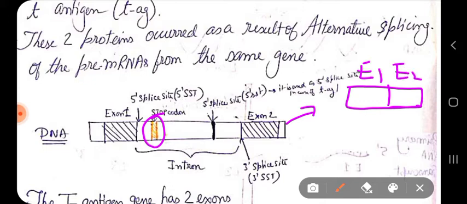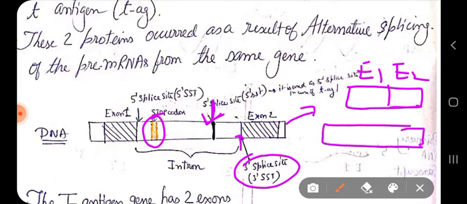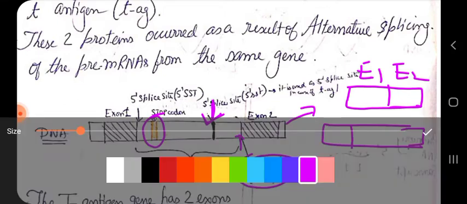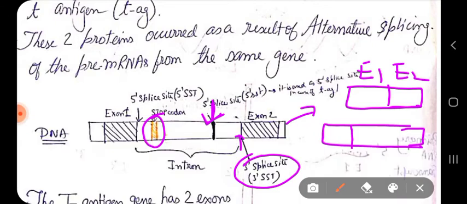Okay, but for the small T antigen gene, this is used as an alternative 5' splice site. So the alternative 5' splice site, which is located close to the 3' splice site, is used for the splicing process, and thus some of the intron is remaining. Some of the introns remain within the pre-mRNA.